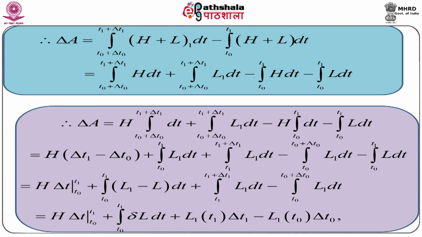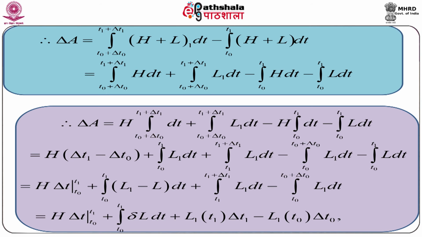Now, the first term of the previous line can be written as capital H into delta T taken at T0 to T1 plus, first term and last term can be combined in the next term as integration T0 to T1 L1 minus L into dt. Third and fourth terms have been written as they are in the next line.